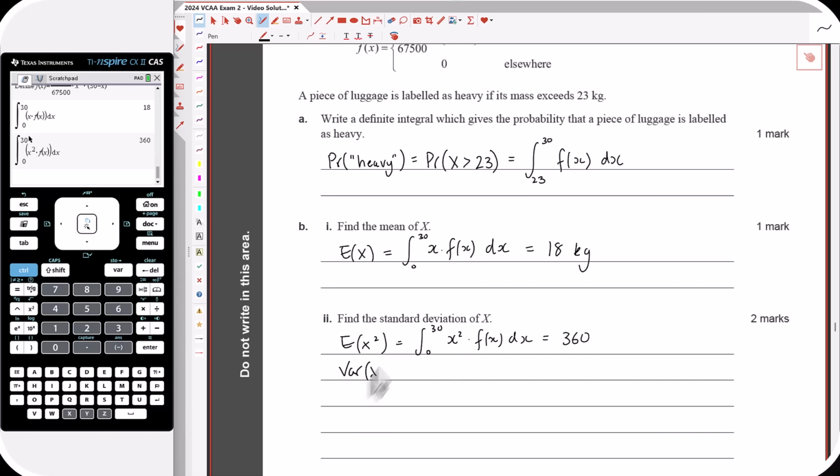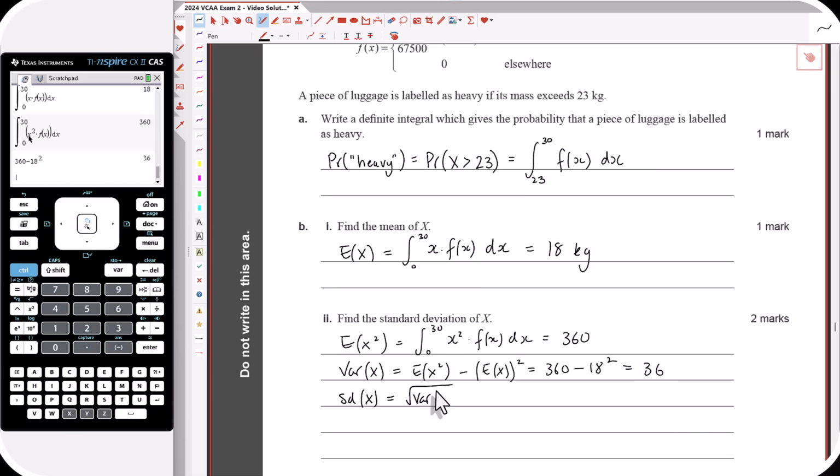The variance of x is the expected value of x squared minus the expected value of x, all squared. In this case, that's 360 minus 18 squared, so 36. And the standard deviation of x is the square root of the variance of x. So the square root of 36, so 6.